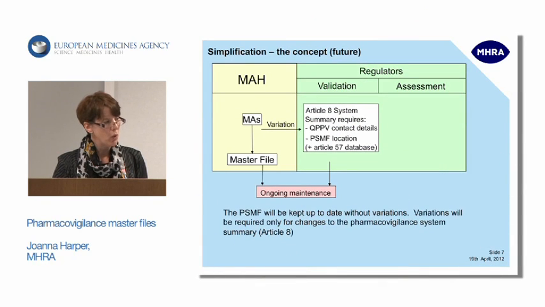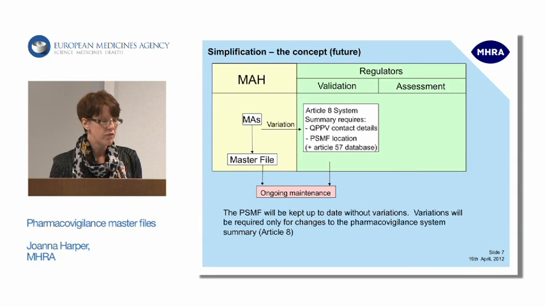What we're moving towards is a simpler concept where the summary that is submitted is the only part that might attract a variation. The master file itself is independent of that, and the content is kept current within the company, so that at any point where it's requested or submitted, almost on demand, it will be up to date and it will be current.